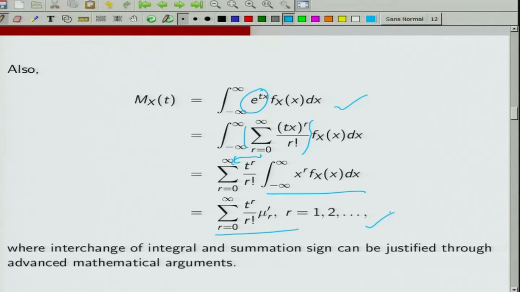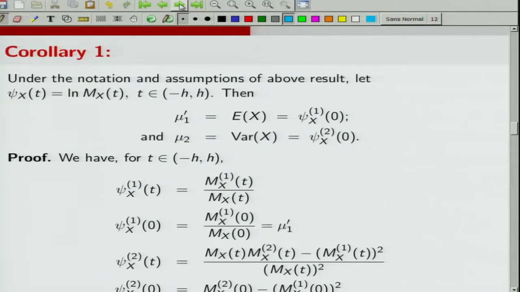So now we will see some examples. First, let us consider one corollary of this result. Under the notations and assumptions of the above result, which is basically saying that the moment generating function exists in a neighborhood of 0, let us define psi_X(t) to be log of M_X(t).